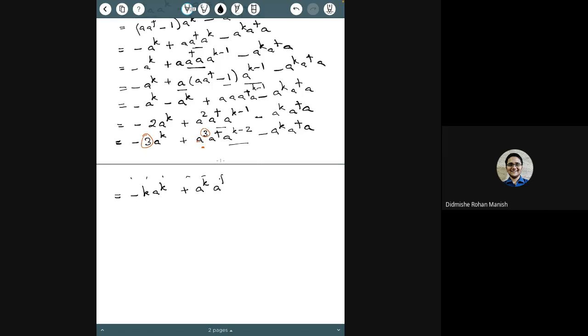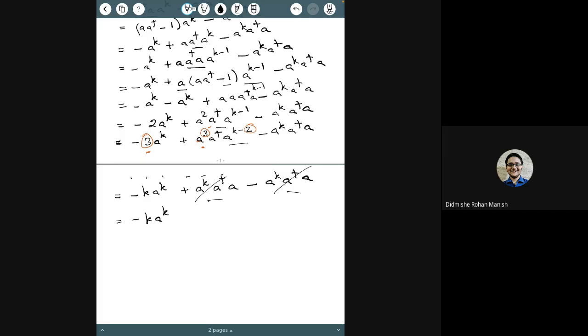So I will have a to the k, a dagger, and then I will have 1 left. So when this is 3, this is 3, this is 3, and this is 2. So I will still have 1 a left over here. And then these two terms become the same, so I can cancel them.